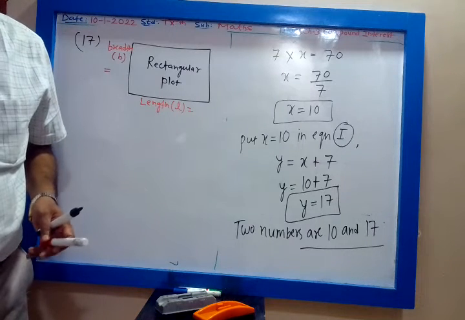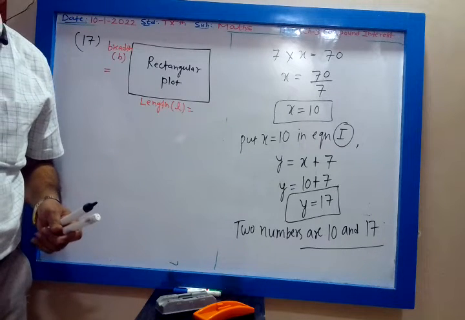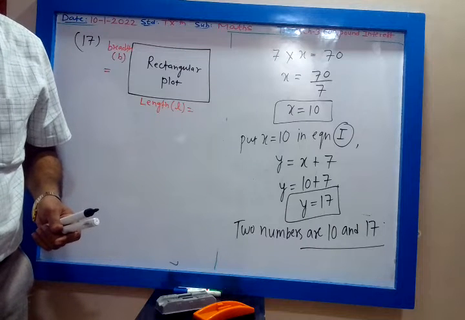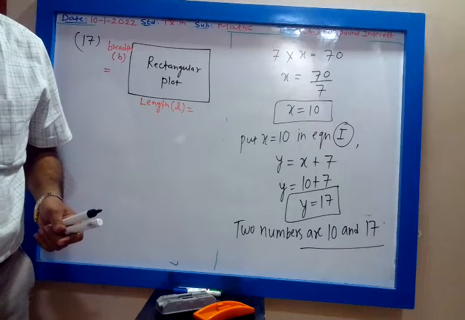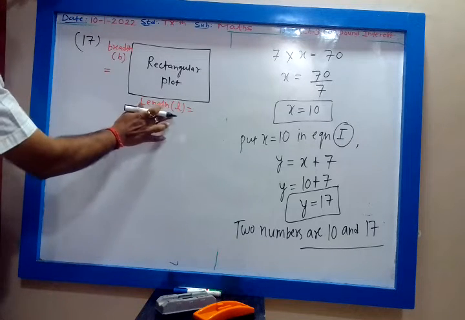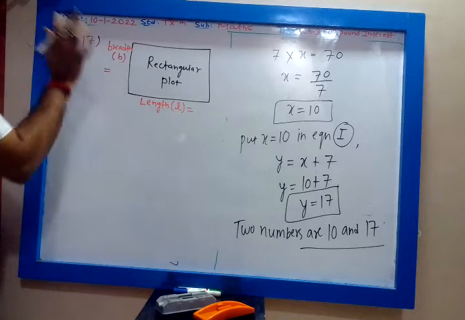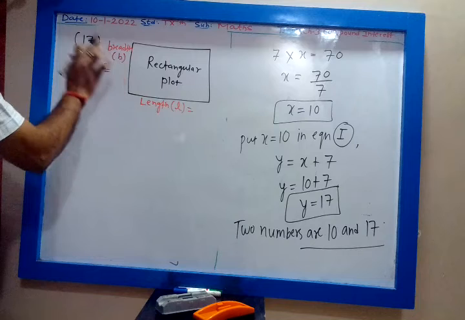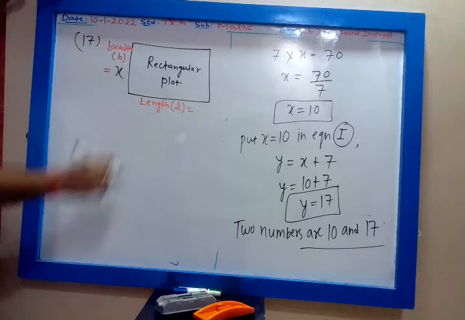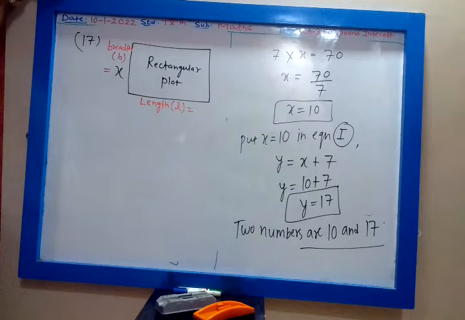The length of a rectangular plot exceeds, which means more. How much does it exceed? Its breadth by 5 meter. So length is 5 more than breadth. So if I take breadth as x, what should be the length?